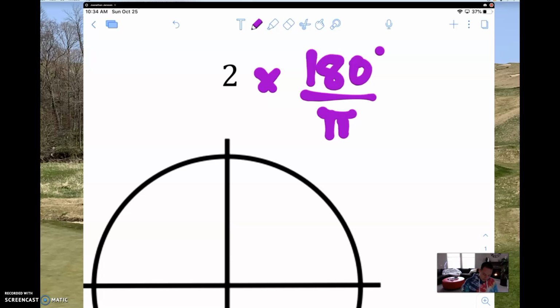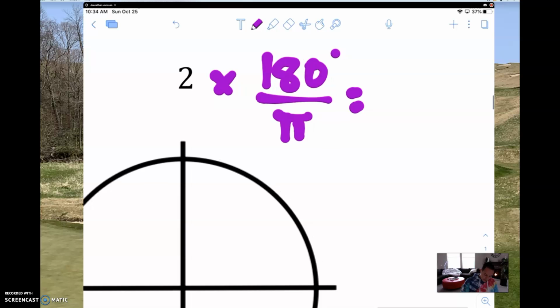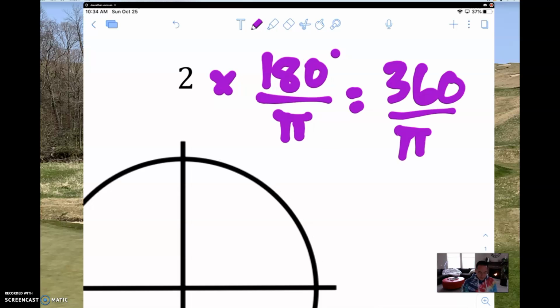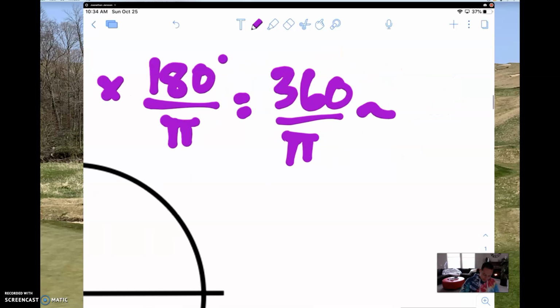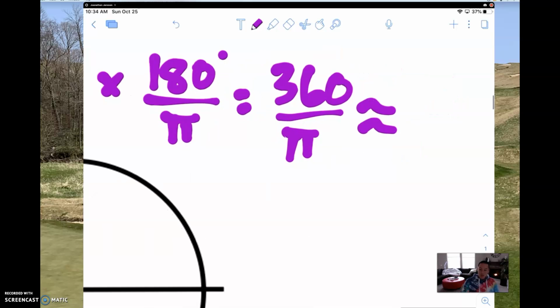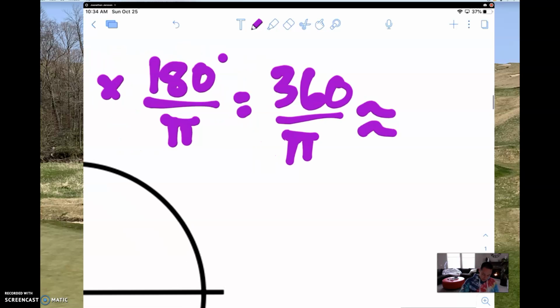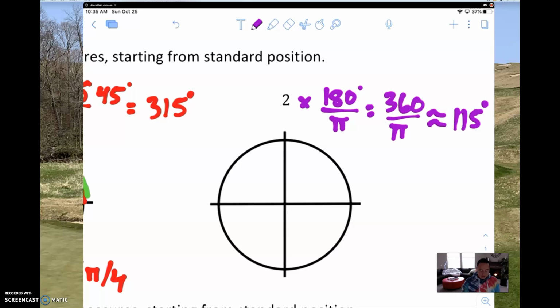So we get 360 divided by pi. You can just type it in, 360 divided by, I'll do 3.14. That's 114.6, and we'll round it up to 115. I'll put squiggly lines, that means almost equal to 115 degrees. So we have 115 degrees.